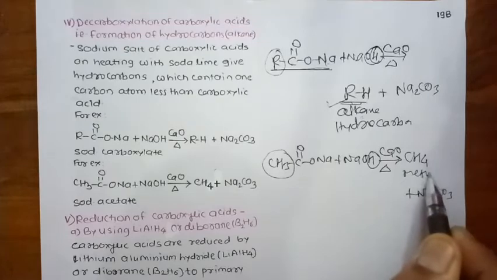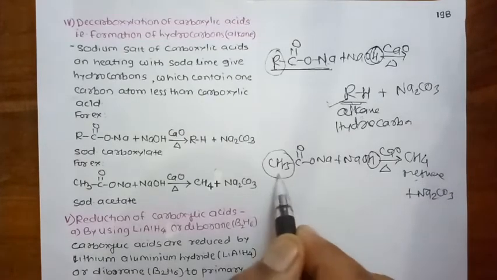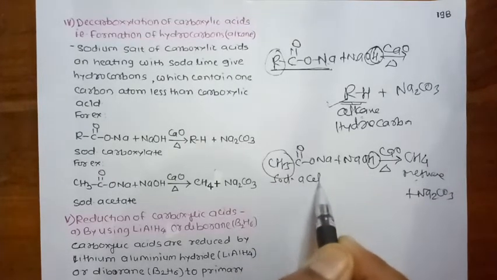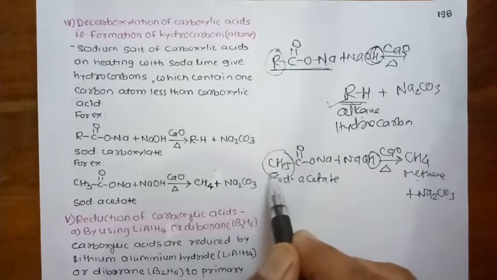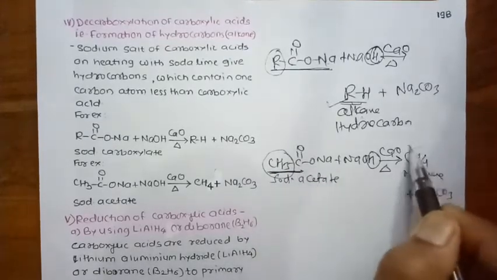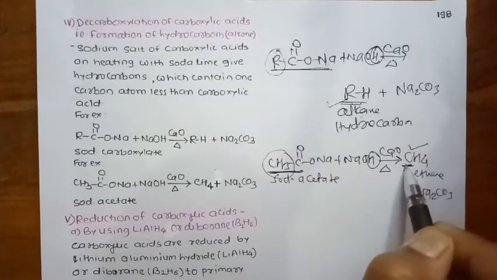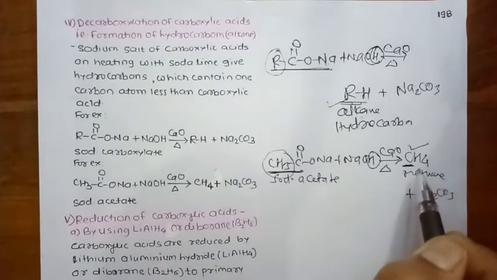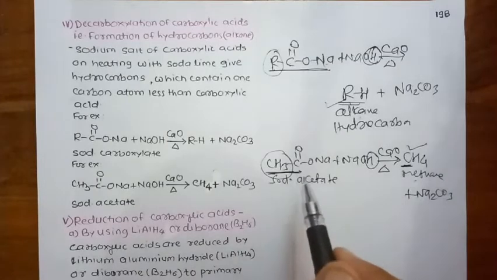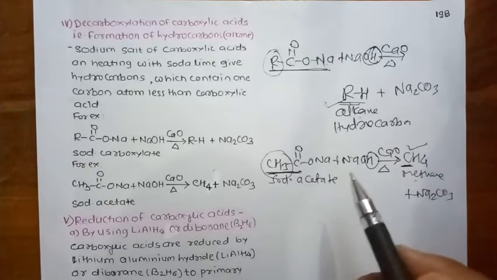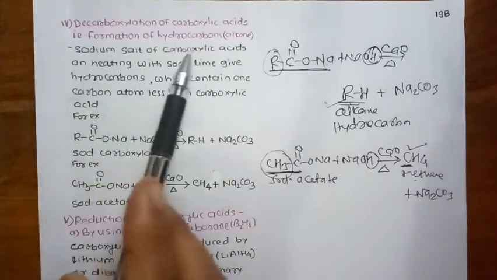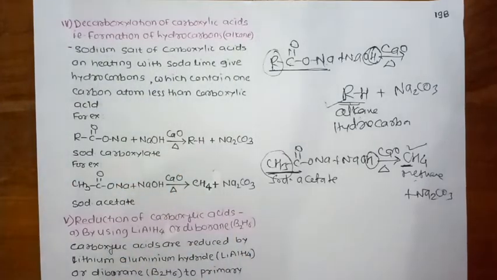It is methane, an alkane or hydrocarbon, and this is sodium acetate. Now this salt of acid contains 2 carbon atoms and the obtained hydrocarbon contains only 1 carbon atom, that is, it contains 1 carbon atom less than sodium acetate. This reaction is known as the decarboxylation reaction, that is, in this reaction formation of hydrocarbons or alkanes takes place.